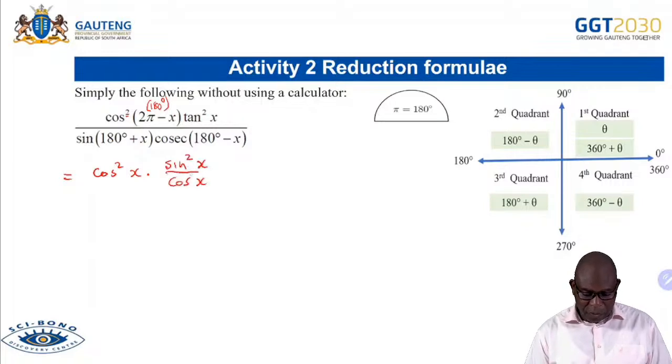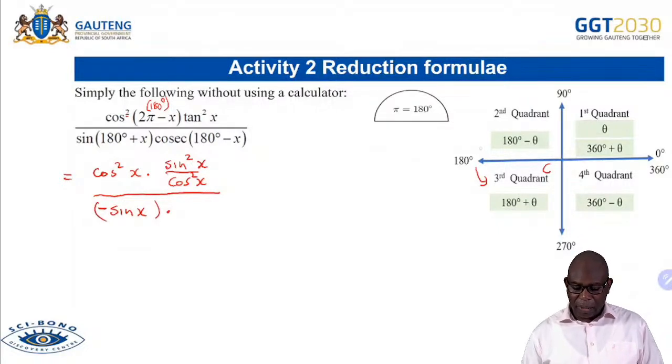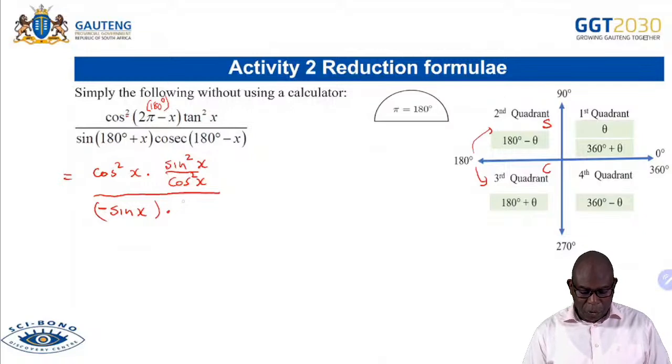But because it's squared, it must also be squared there. Then I'm dividing this by sine of 180 plus, third quadrant, because the sign is negative. The cosec of 180 minus, remember sine and cosec are both positive there, which means that cosec will change to 1 over sine of x.